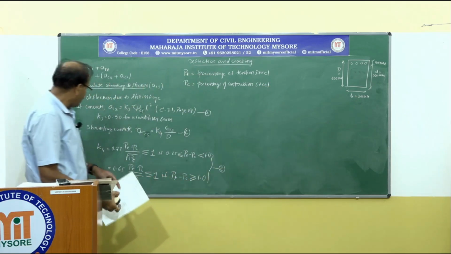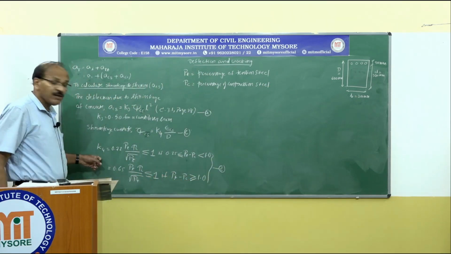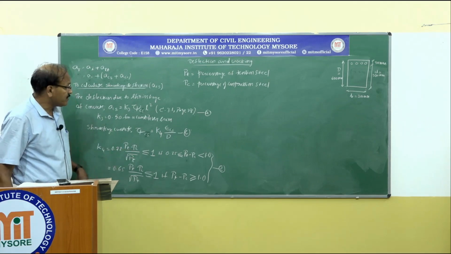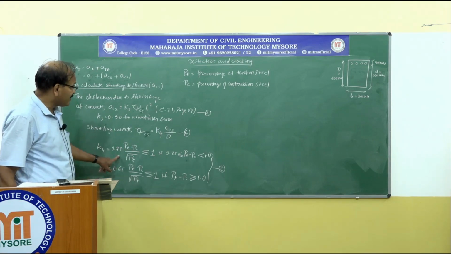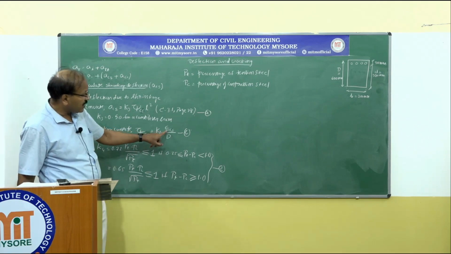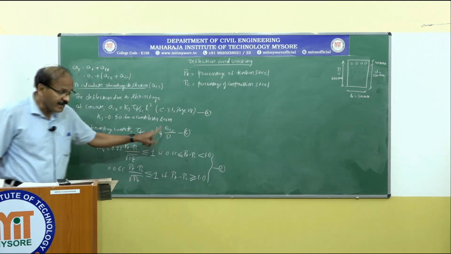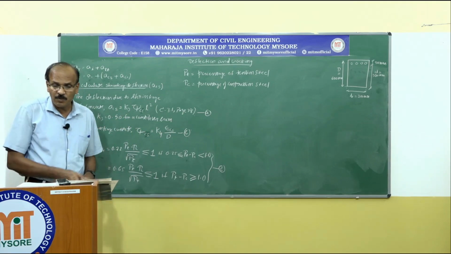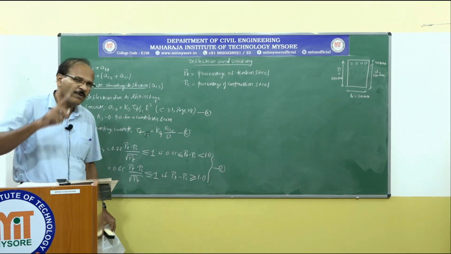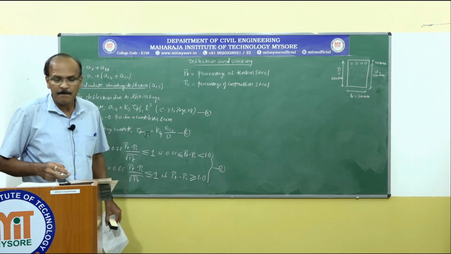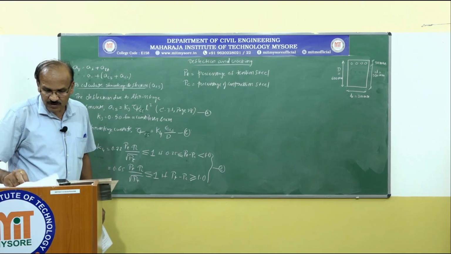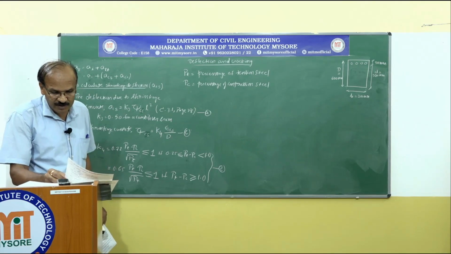So I am going to find out the value of K4 by knowing PT and PC. Epsilon CS is the shrinkage coefficient. Shrinkage coefficient is 0.0003 for concrete at 28 days. That is a value you need to remember.